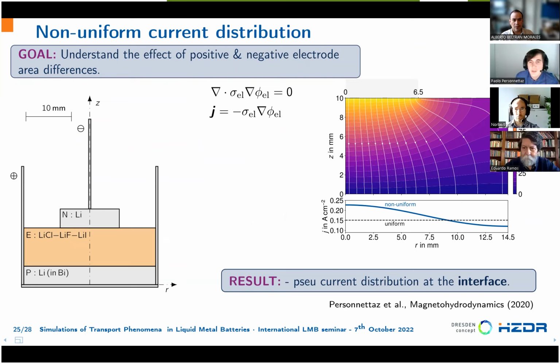So here probably there will be some weak electrovortex flow generated by this non-uniform current distribution, and in that case 3D simulations are usually required. But here we limit our study to 2D axisymmetric simulation, because for mass transport in this case it was what we could do with OpenFOAM in particular.